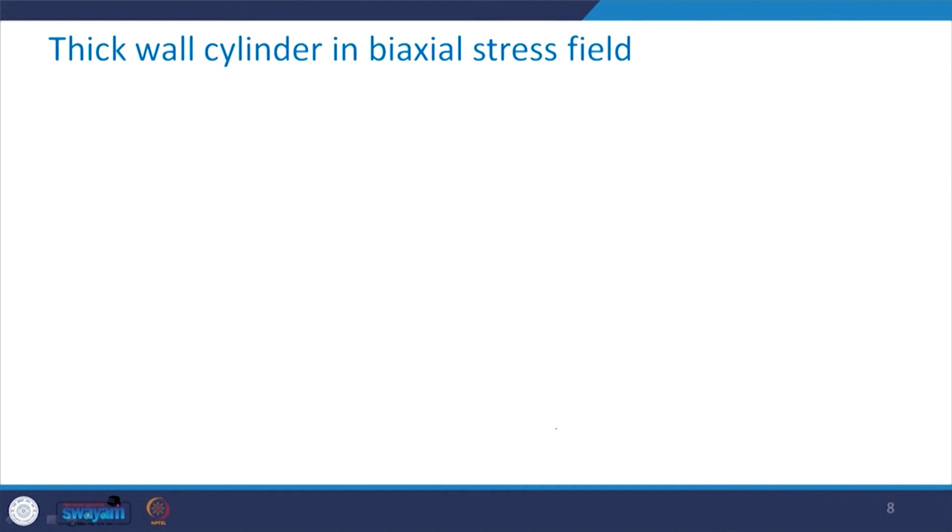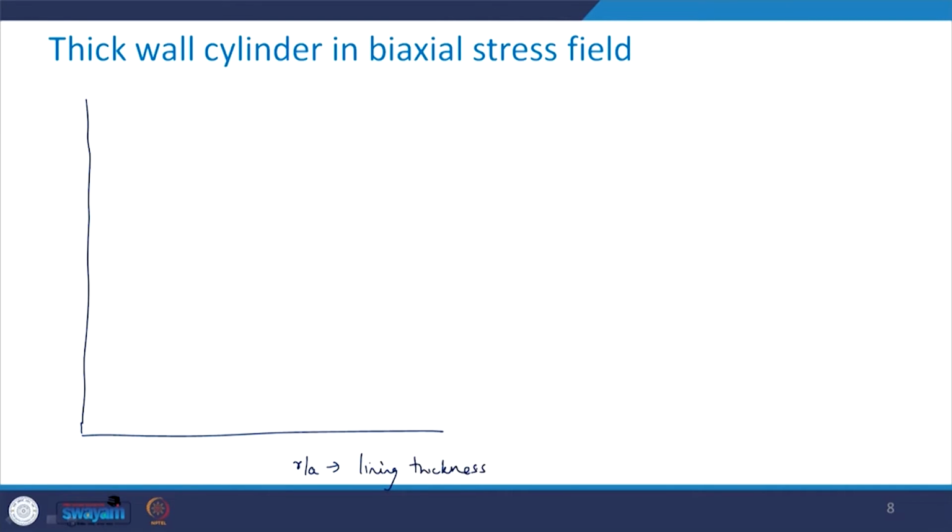Let us see how it looks like. So, we have one axis, vertical axis here, and a horizontal axis. In the horizontal axis, I am drawing R upon A, which is the lining thickness, and here I have a value.